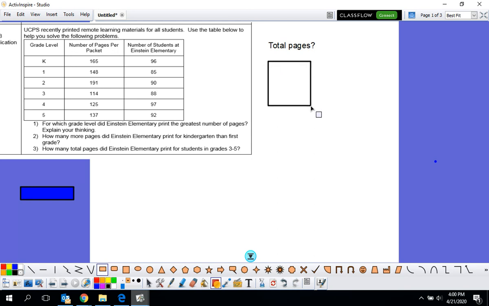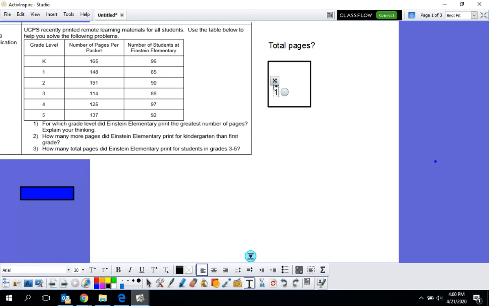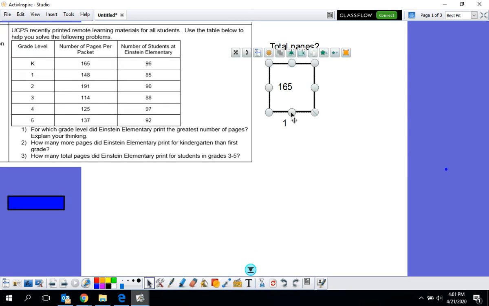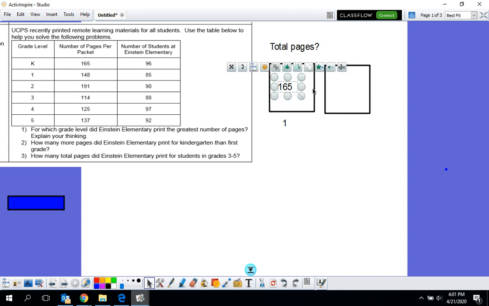Say there's one packet, and for that packet, we know there's 165 pages. That's for one student. However, we know they don't just have one kindergarten student. Right here, it says 96. So basically, I need to do 96 of them. Now, you know Miss Marshall with her efficiency, I am not going to do 96 of these packets.